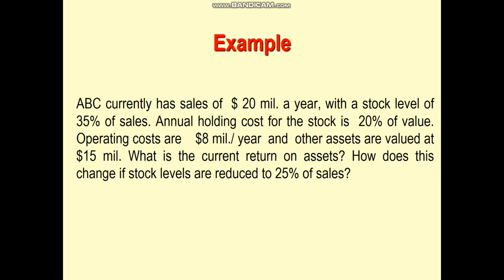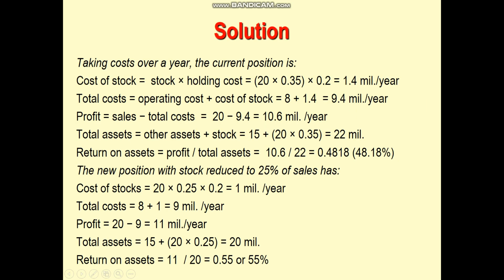Okay, the second case, how does it change if the stock level is reduced to 25%. So instead of 35% here, the stock level is 25%. So the same, we just calculate the holding cost of the stock, then the total cost, but just replace 35% by 25%.